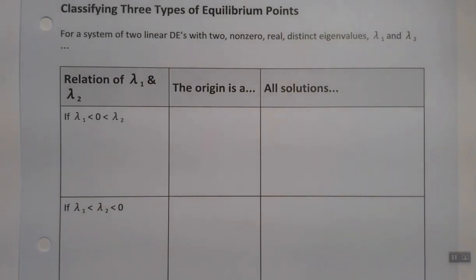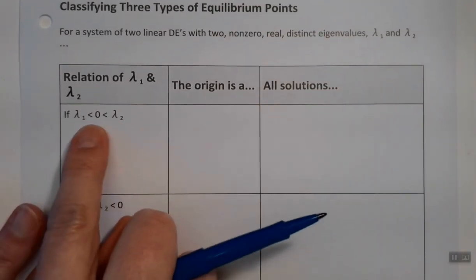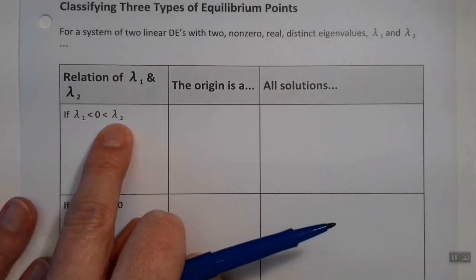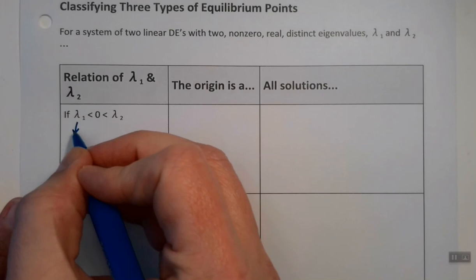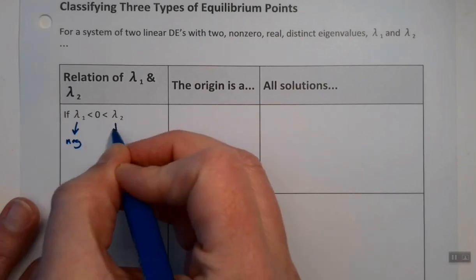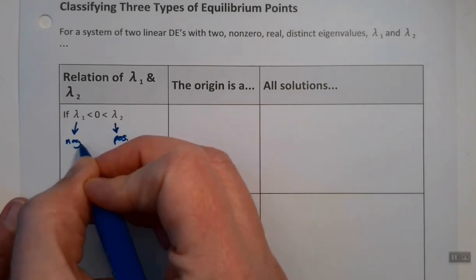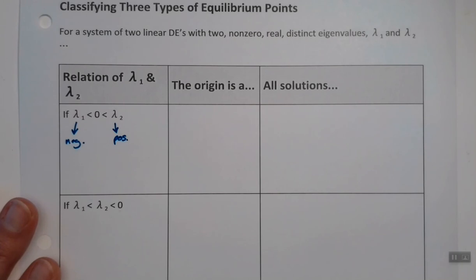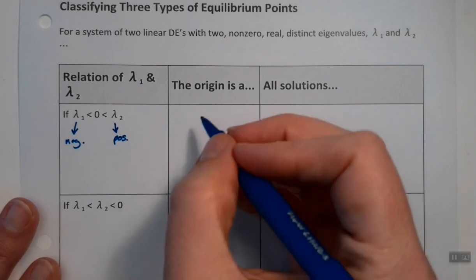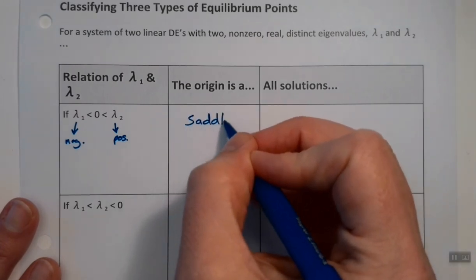And so you'll notice on this page it says if lambda 1 and lambda 2 are related like this, if lambda 1 is less than 0 but lambda 2 is greater than 0, that means lambda 1 is negative and lambda 2 is positive. That's literally the definition of negative and positive. Then that means you have exactly what we just saw, which is a saddle point.